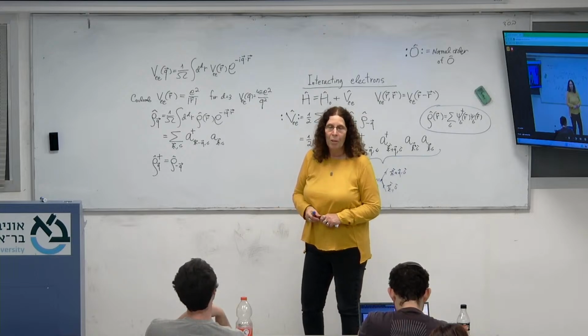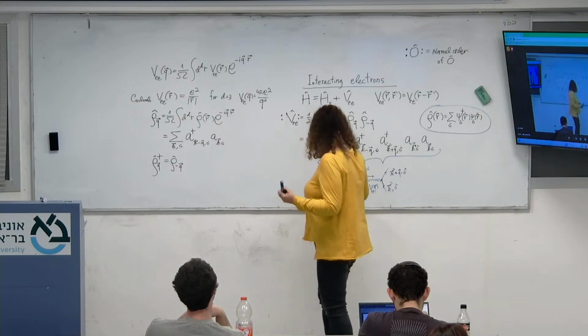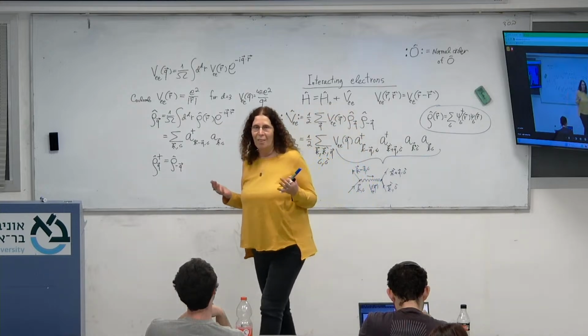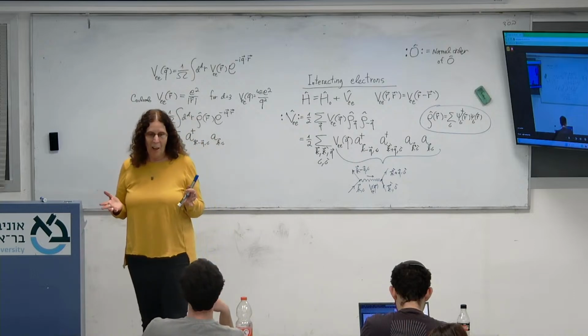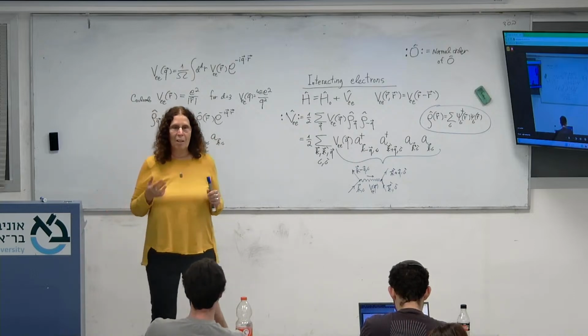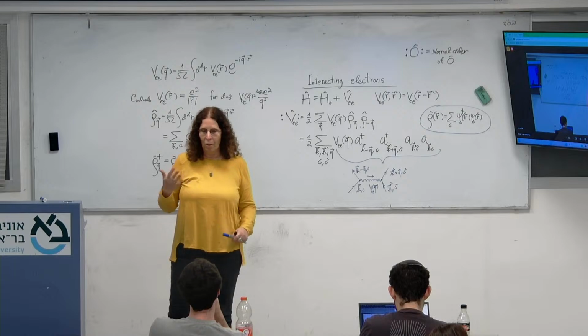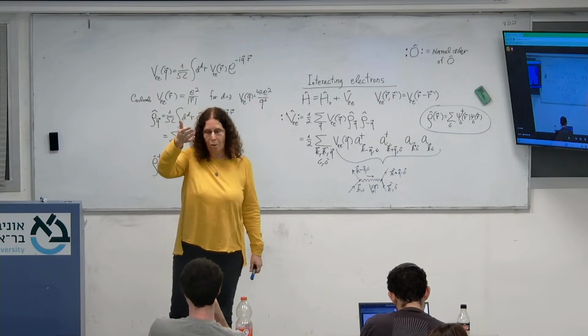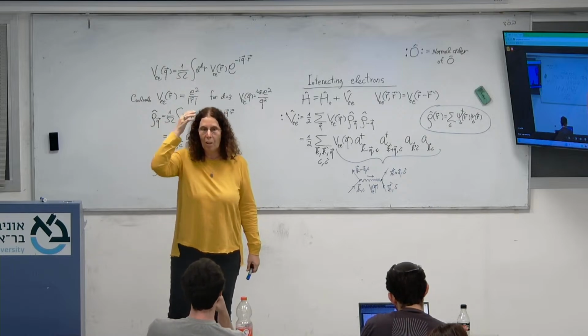Okay? So this photon, where did it come from? It's not there, right? But we're talking now about field theory. Particles can be created from the vacuum if they have the correct conservation laws.